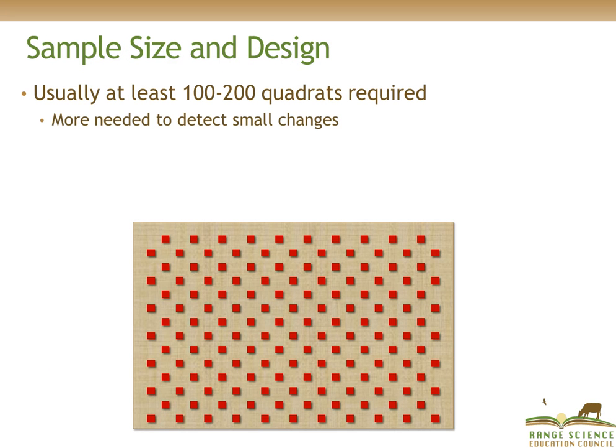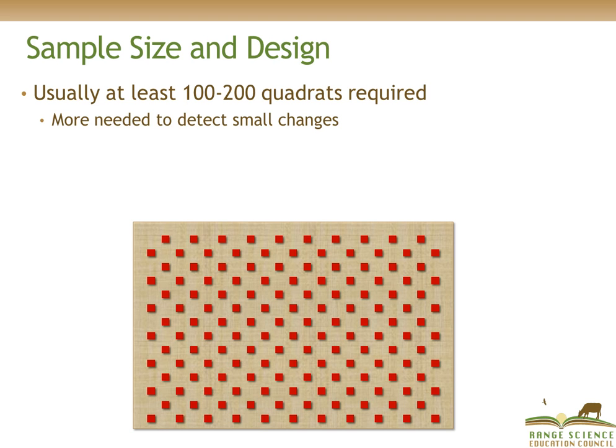Let's consider the importance of sample size and design. Usually, in order to detect changes, we need at least 100 to 200 quadrats in an environment, and sometimes more would be needed in order to detect small changes.